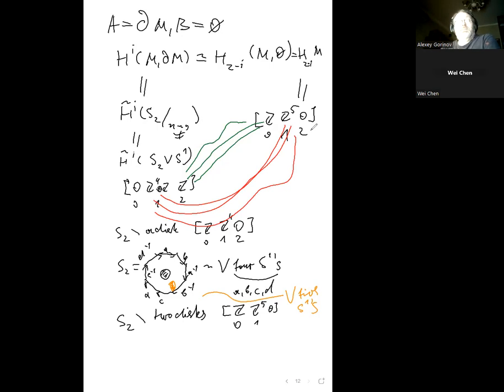Okay, so the result we get by applying the Poincare-Lefschetz duality is the same as we get by hand just by counting how many circles there are in a wedge of circles.